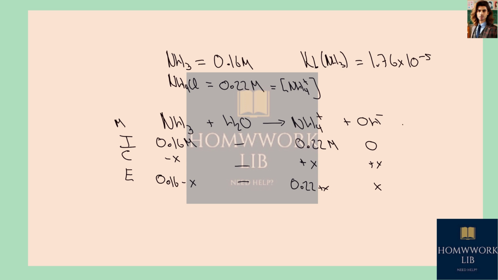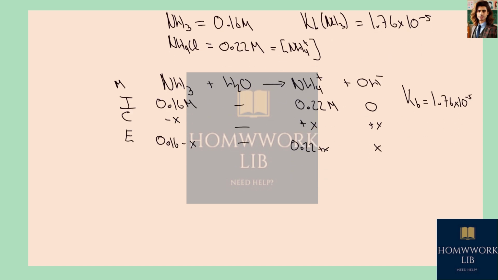Now, remember that the equilibrium constant in this case is 1.76 times 10 to the minus 5, right? So this means that the amount that is going to react is going to be quite small compared to the initial concentrations. So we can do the approximation. First of all, writing down the value for Kb, this is going to be equal to the concentration of OH minus times the concentration of NH4 plus divided by the concentration of NH3. We can replace the values with the concentrations that we found at equilibrium.